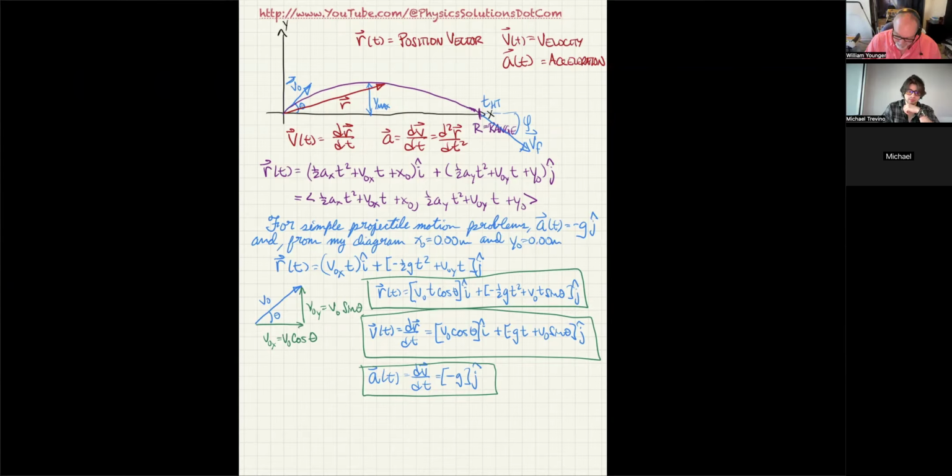So from a vector valued function standpoint, that's the motion that we're actually doing here. Now I've got a vector valued function for position as a function of time, for velocity as a function of time, and for acceleration as a function of time. That's really all you need to do. Now let's go about solving for things like y max and so on and so forth. So what is the max height?